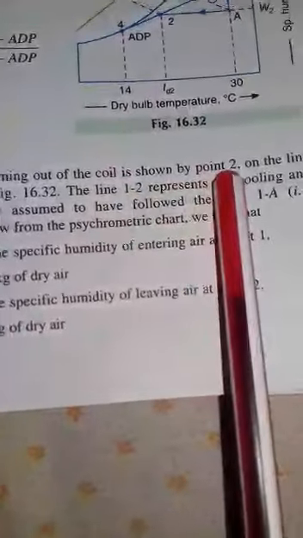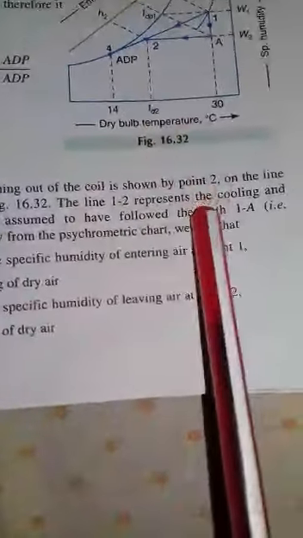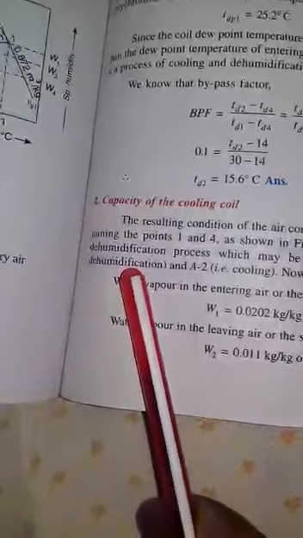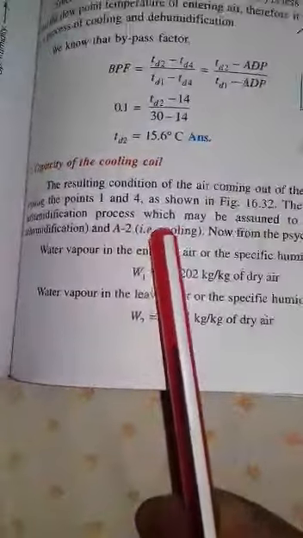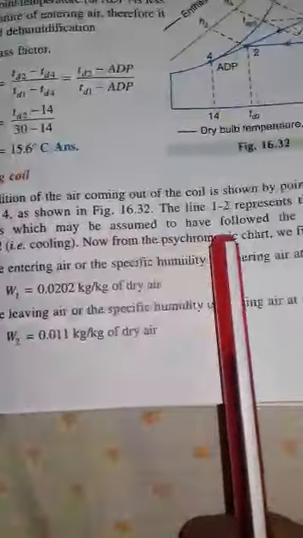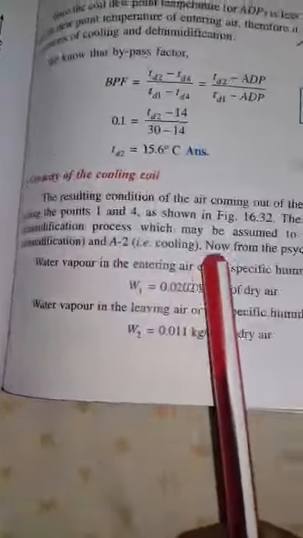The process 1 to 2 represents cooling and dehumidification, which may be assumed to have the following path: 1 to A dehumidification, and A to 2 cooling process.